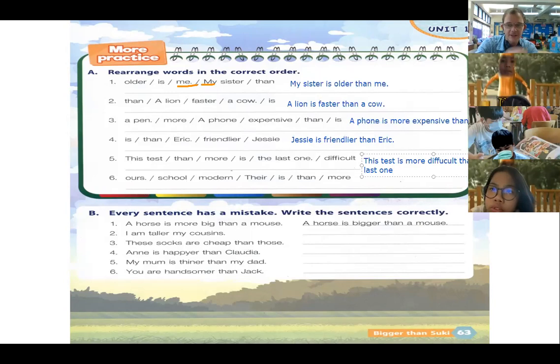See, even reading the sentences now, it becomes easier with some practice. This test is more difficult than the last one.